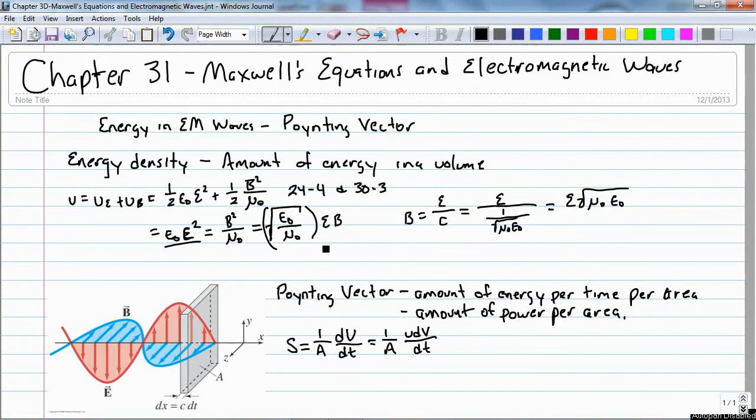I'm going to use epsilon naught times E squared, and for my volume, I'm going to use the area times the speed of electromagnetic waves times my differential time, and that all gets divided by differential time, and my A's will cancel out, my differential times will cancel out, and that just leaves me with epsilon naught times C times the electric field squared.